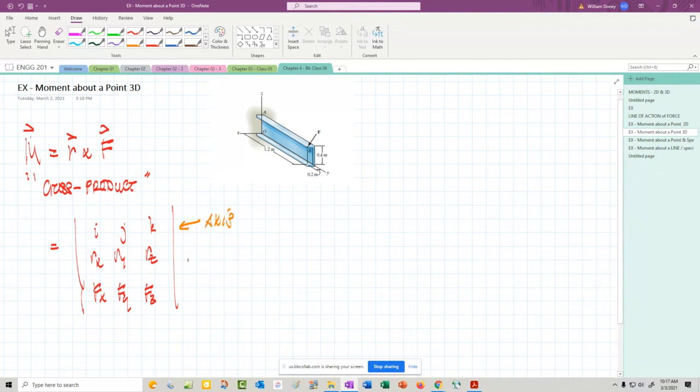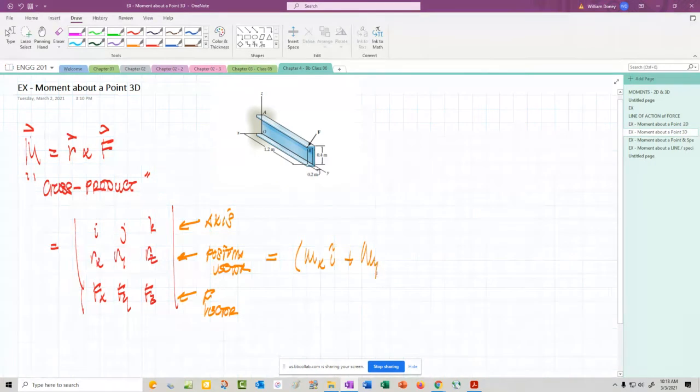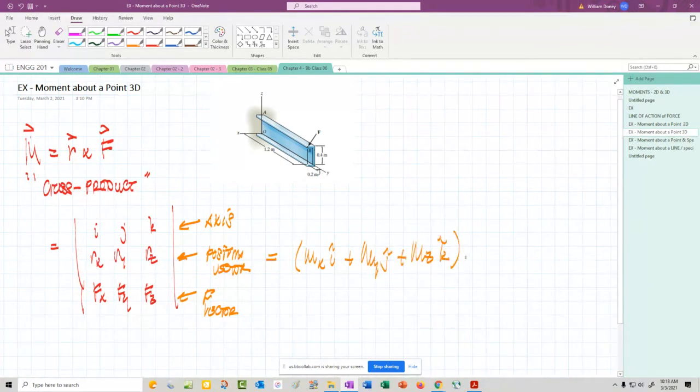This tells us the axis. We'll get to that later. This is obviously the position vector. That's the components I, J, K of the position vector, and that's our force vector. Now, the answer of that will come out to have an Mx in the i, an My in the j, and an Mz in the k, and then units.